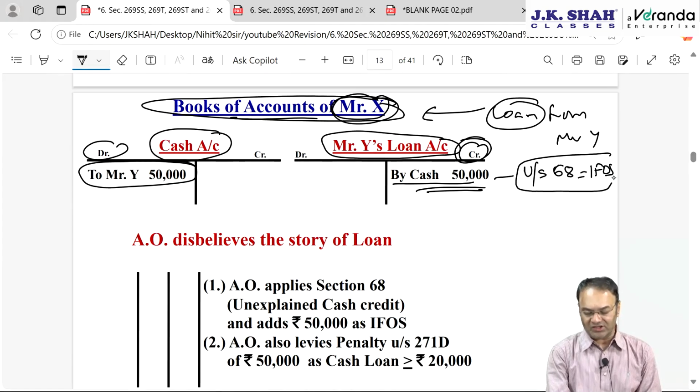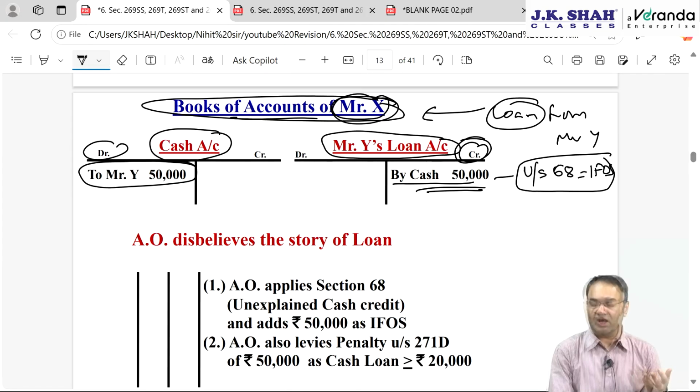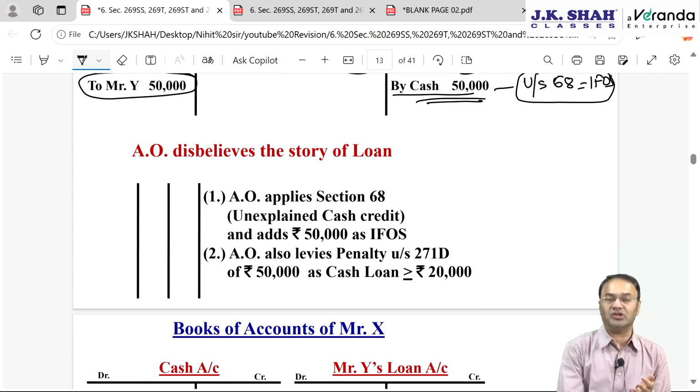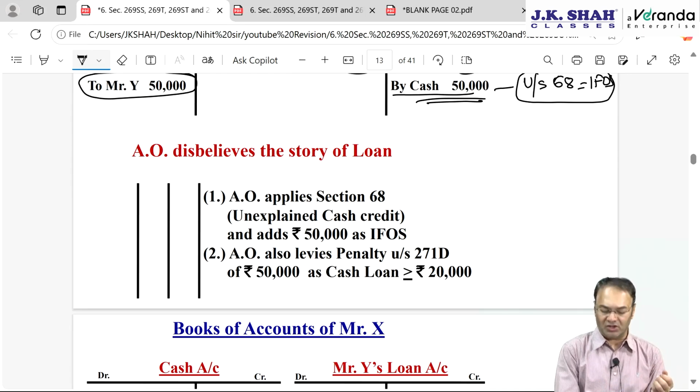The answer is yes, possible, if the assessee is unable to satisfy the AO about the identity of Mr. Y or about the genuineness of this transaction. But in one of the cases, since it was a cash loan exceeding 20,000, the AO applied section 68 also because it was unexplained, and the AO added 50,000 to the income of the assessee and applied the 78% tax rate.